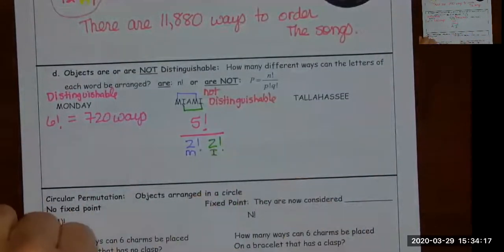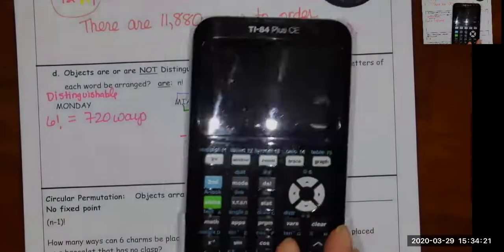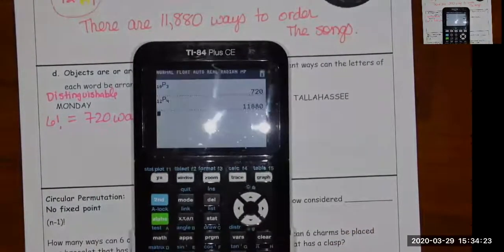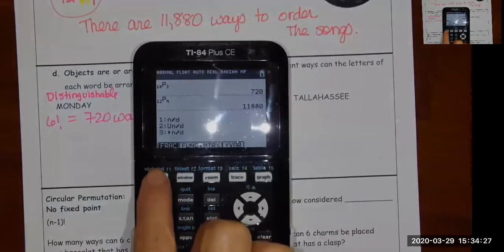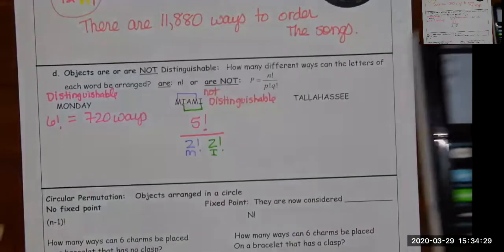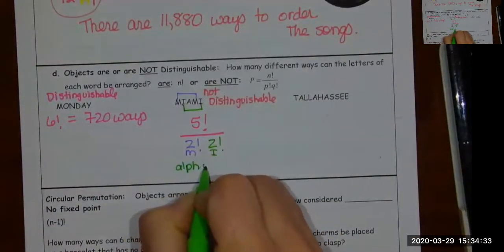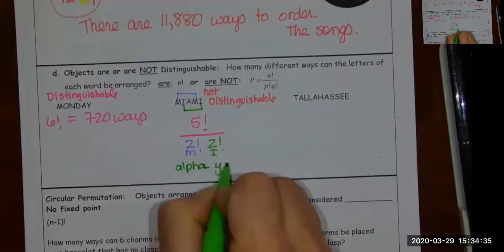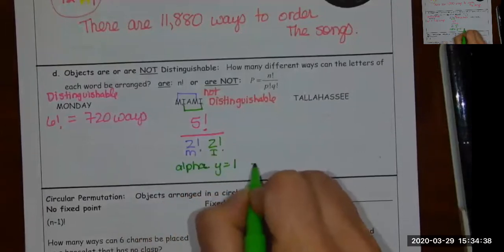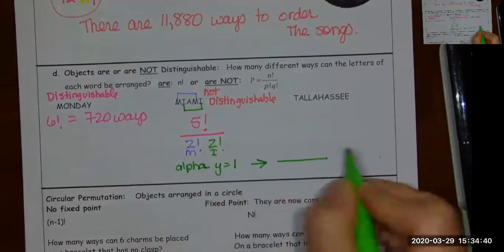So you can just type that into your calculator. Do you remember how to get a fraction? So let's practice together. So we're going to go alpha, y equals 1, right? Alpha, y equals 1 will give you a fraction.